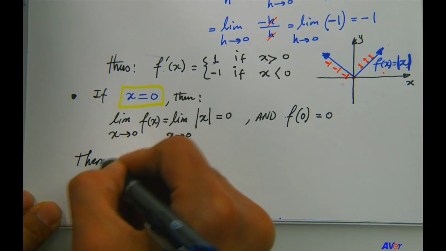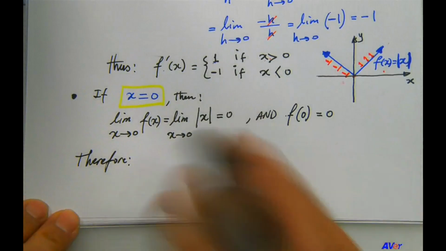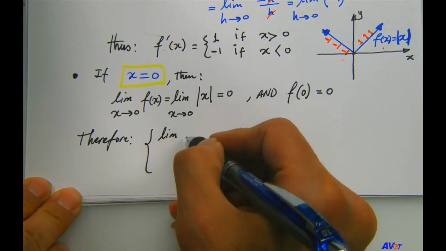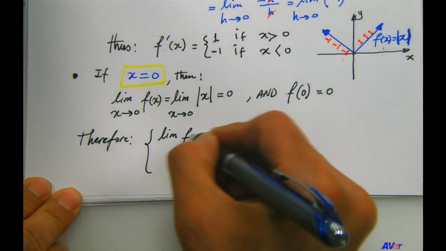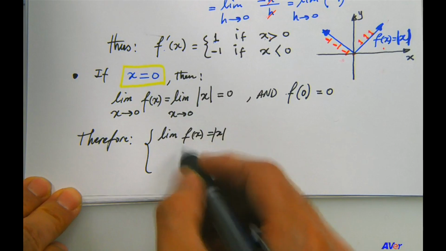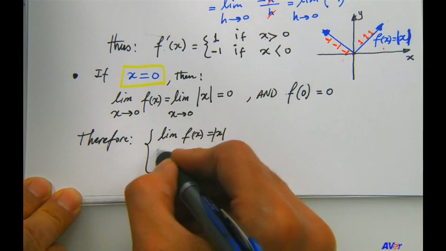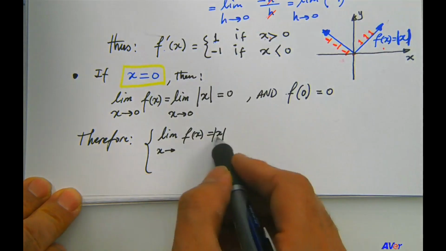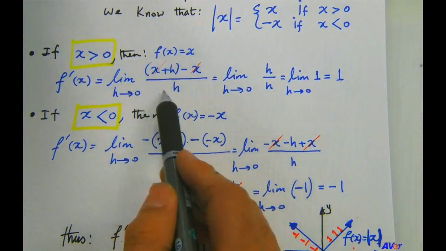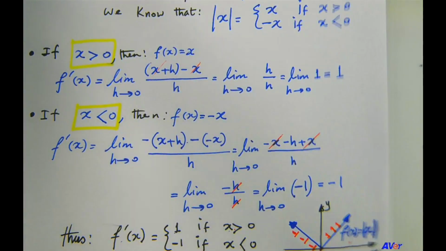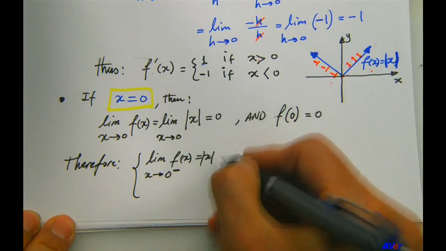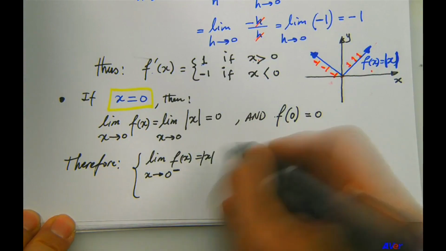Therefore, the limit of f of x equals absolute value of x as x approaches 0 from the left, and we did that with the h, with this description of the definition of the derivative. That limit is equal to -1.